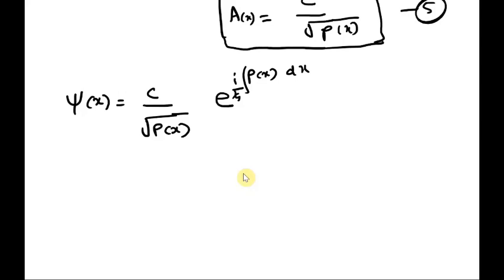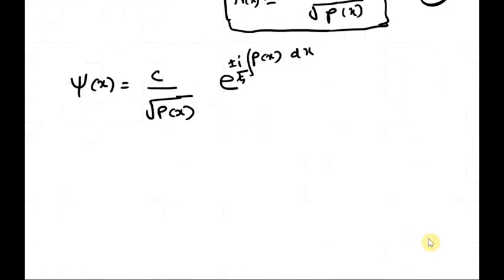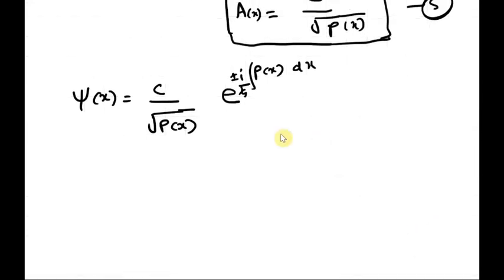So this can have plus or minus solution, or you can split it and write for two different regimes. That is just a linear combination of the plus term plus the other term. That is going to be your wave function.